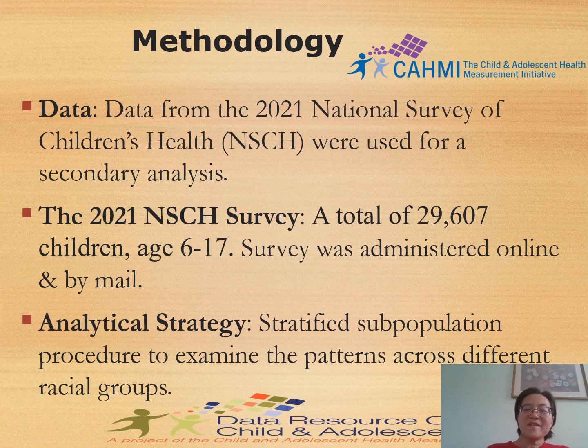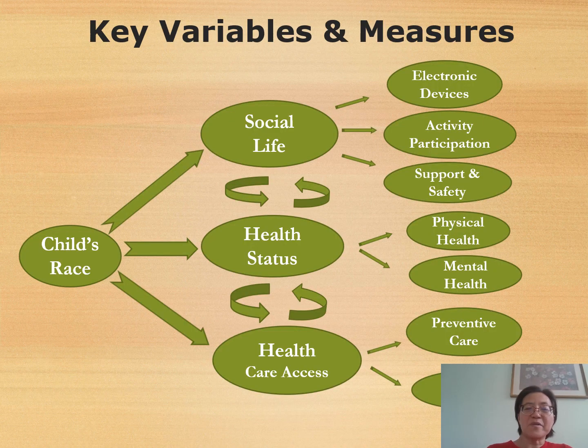I used stratified subpopulation procedures to do a series of statistical analyses to examine the patterns across different racial groups. The key variables in this study include children's race. It has 6 categories.